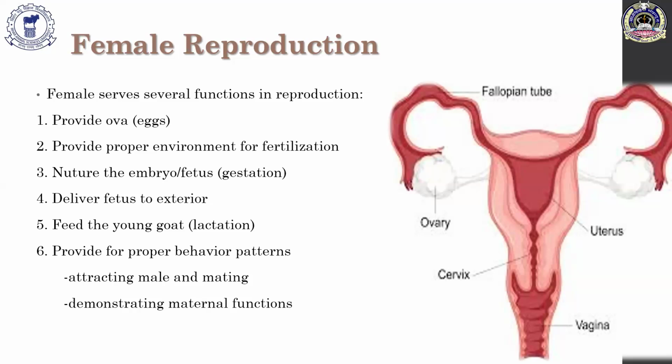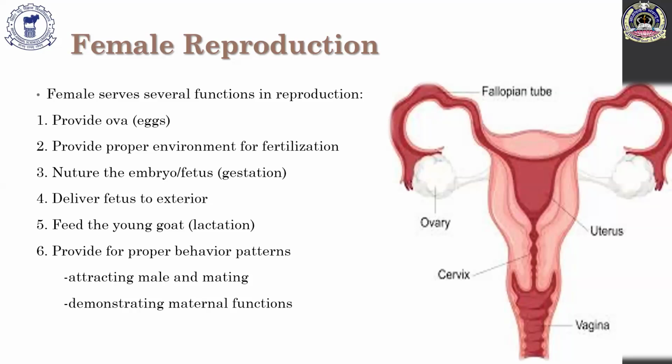Throughout the gestation length, the embryo is kept safe and preserved inside the mother's womb. Afterwards, it delivers the fetus to the exterior and the female continues to feed the young. This is the lactational period. In female reproduction, we also see proper behavior patterns like attracting and mating with males.